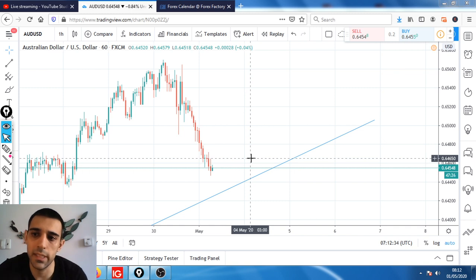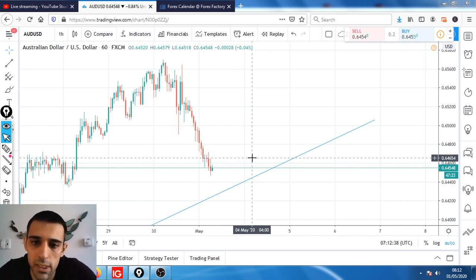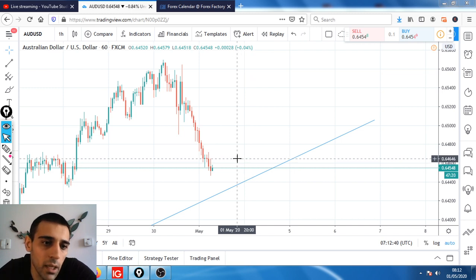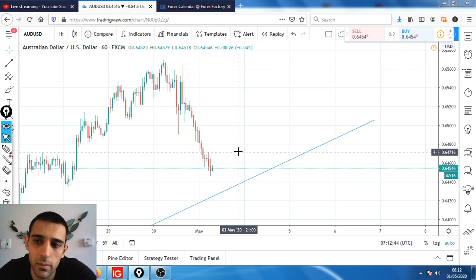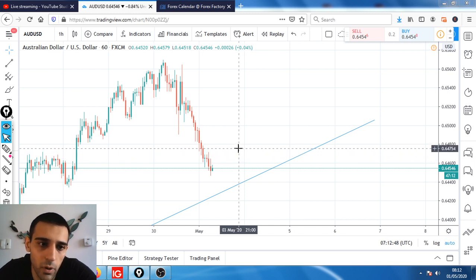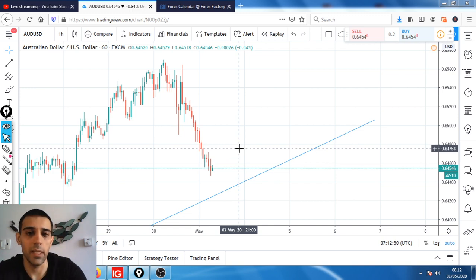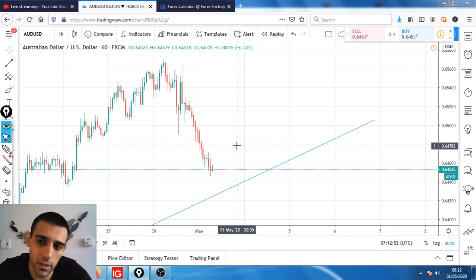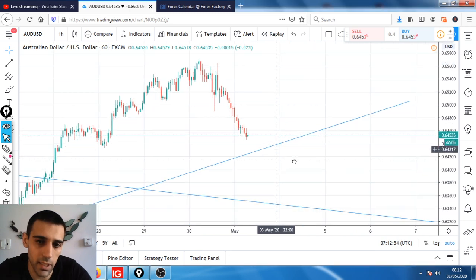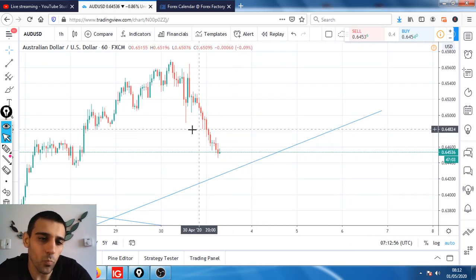So if we get to 64.65, that's the first entry for the short side, and we're going to be looking at the 75 level. We will be looking for about a 10 pip stop loss on this one. 12 you can do as well, but I will be looking for the 10 pip stop loss.